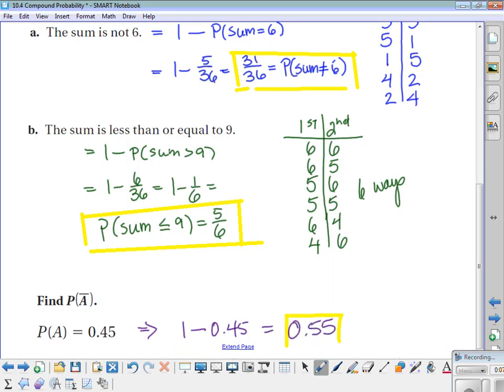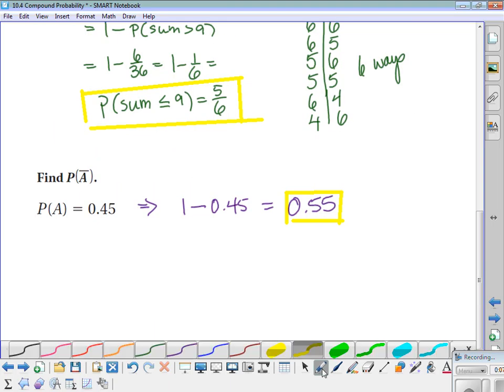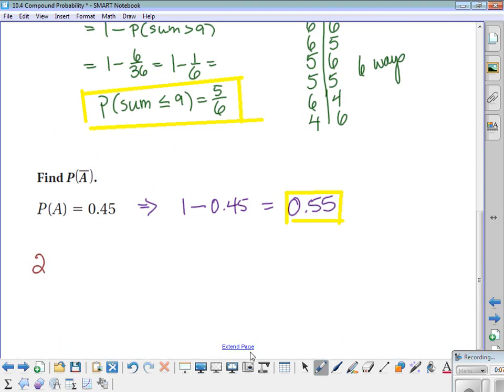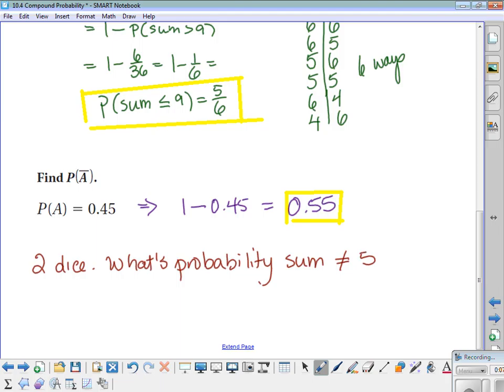Okay, I'm going to have you figure out, I've got 2 dice. What's the probability that the sum is not equal to 5? I'll let you figure this one out.